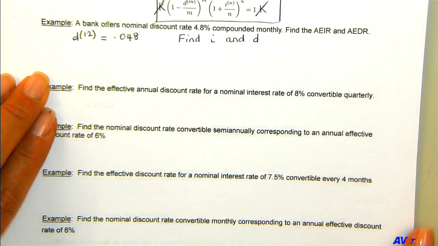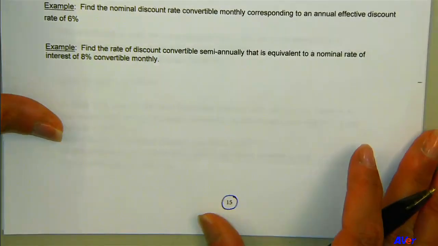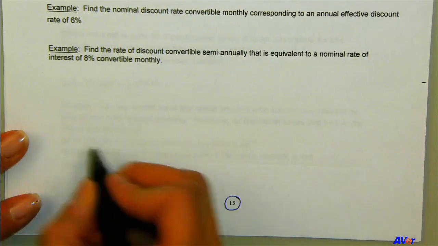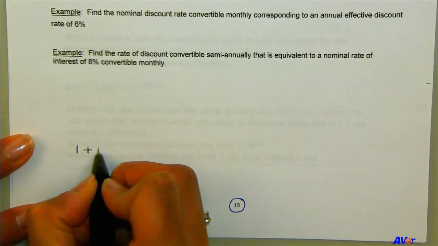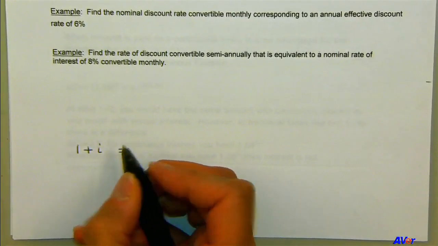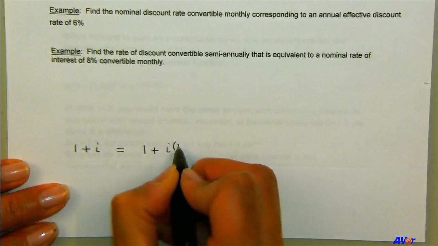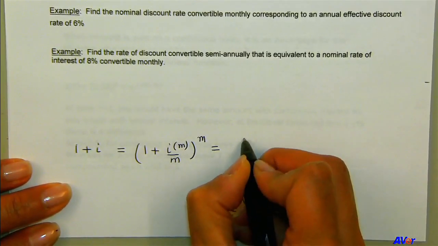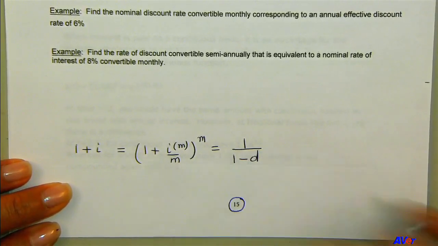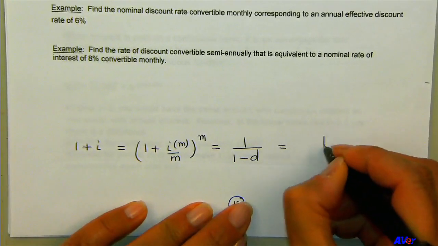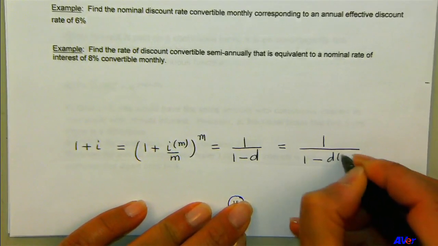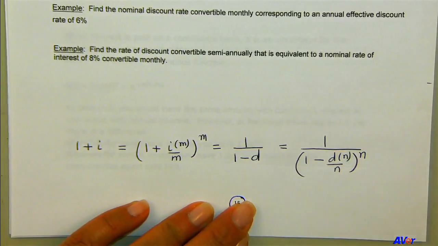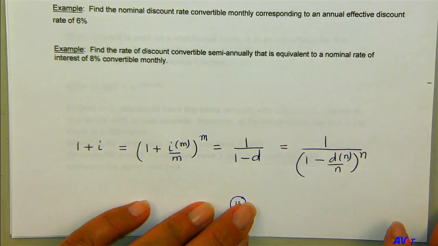On the bottom of the page, let us write the main formula that will help you with all of these kinds of problems. 1 plus i equals 1 plus i^(m) over m to the m equals 1 over 1 minus d equals 1 over (1 minus d^(n) over n) to the n. So m and n don't necessarily have to be the same all the time.